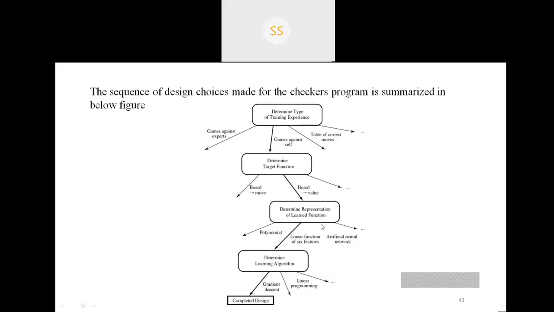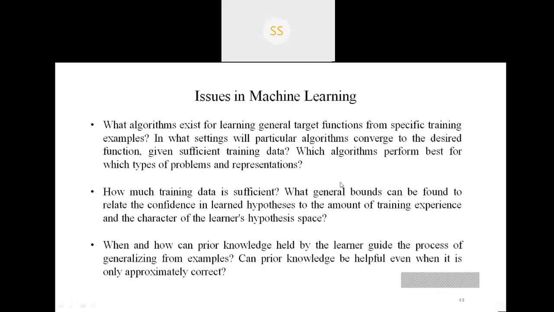In case of the board value, determine the kind of representation for the learned function, whether you want to represent it using polynomial values, a linear function, or an artificial neural network. In case of the linear function, determine the learning algorithm, gradient descent or linear programming or any such algorithm, and complete your design. That is the complete design of the checkers learning algorithm. Similarly, you can do this with other problems as well.